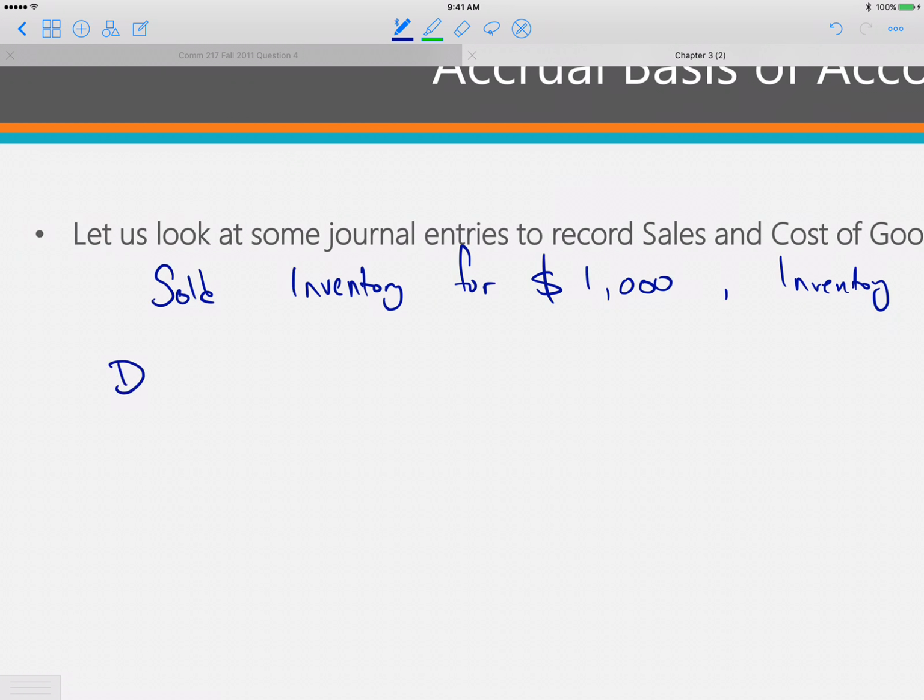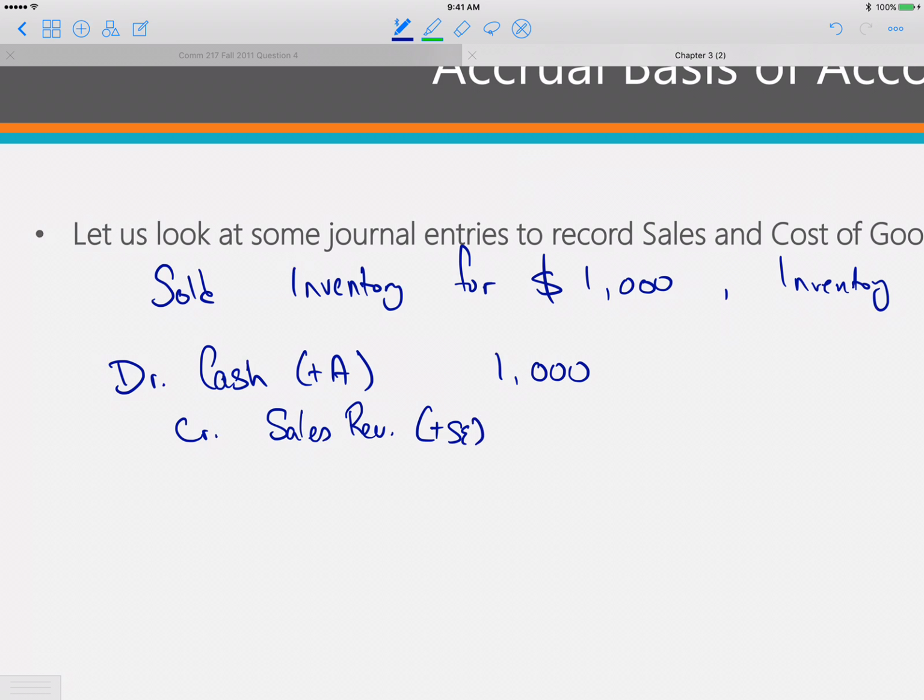So the first thing we would do is we would debit cash that we received, so it's an increase to assets of $1,000, that's what we sold it for, and we would credit sales revenue, which is an increase to shareholders' equity of $1,000. And so that is the first part of the entry here, and this is to recognize the sale, right? This is the revenue, the sale.